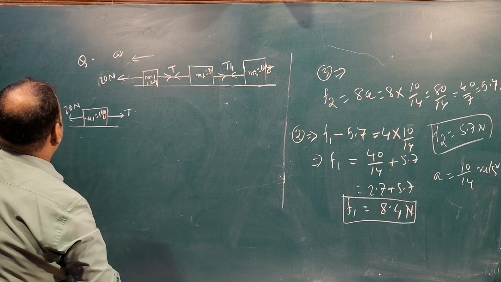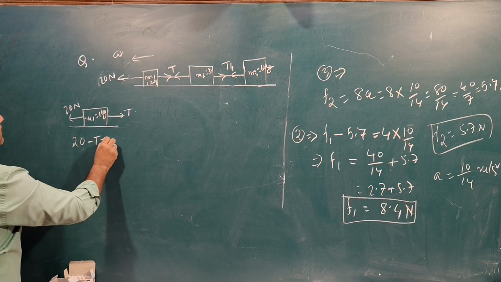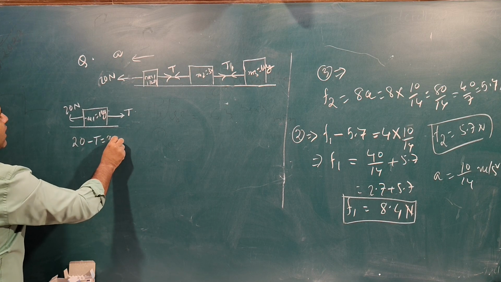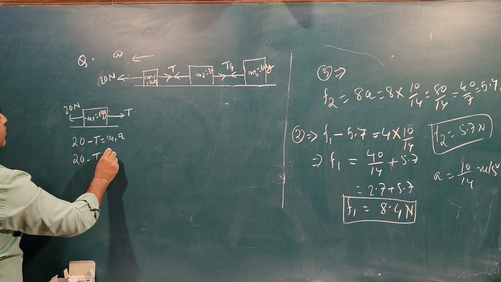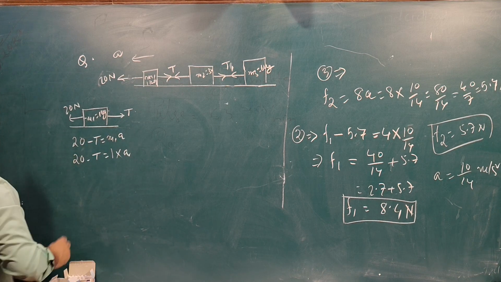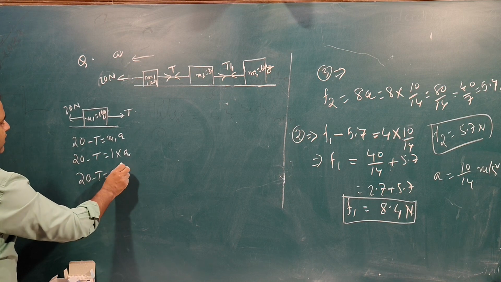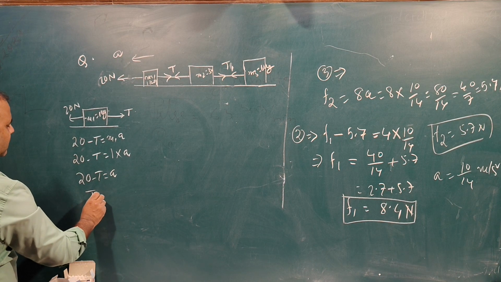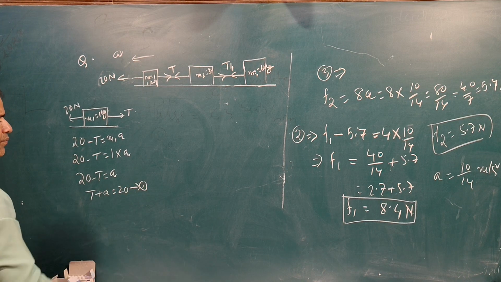From the free body diagram, it is clear that 20 minus T is equal to M1 into A. That means 20 minus T is equal to 1 kg into acceleration, that means 20 minus T is equal to A. So T plus A is equal to 20, equation number 1.